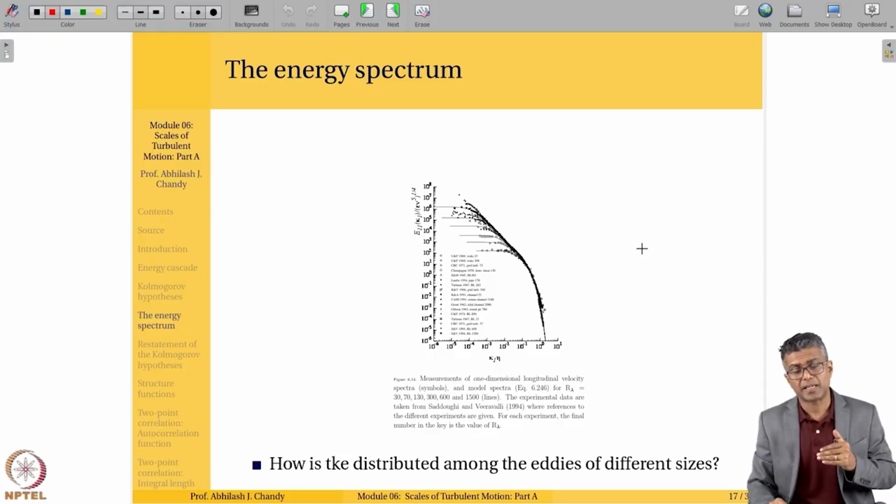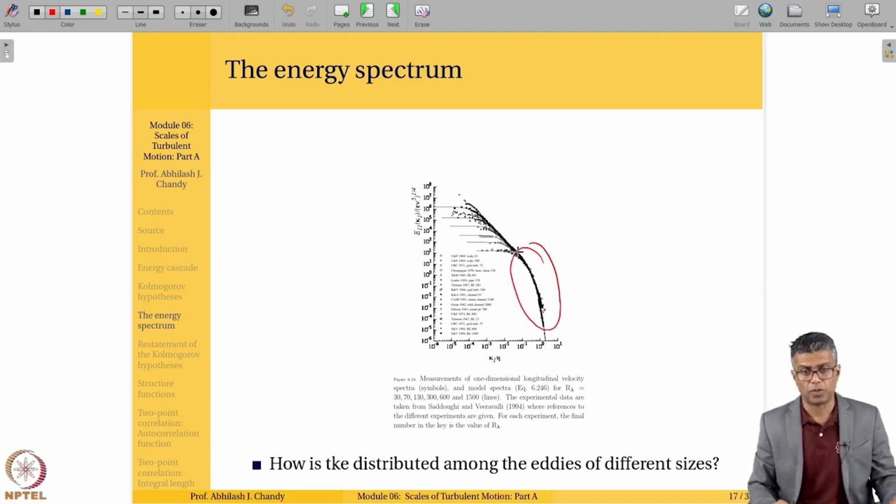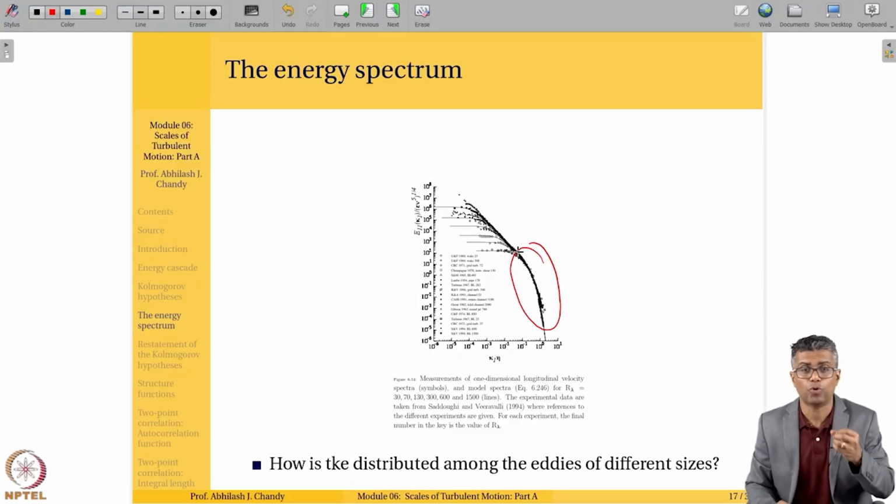And on the x-axis, I have the wave number, again scaled with the Kolmogorov scale. And for the most part, there is a huge overlap in the different plots. This is not surprising considering what we now know about Kolmogorov's hypothesis.